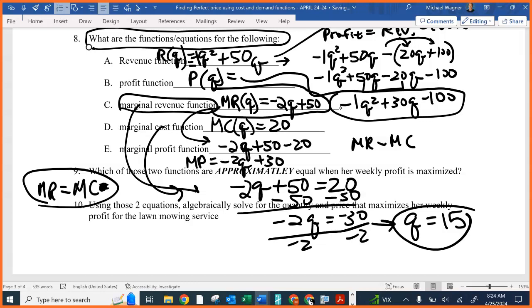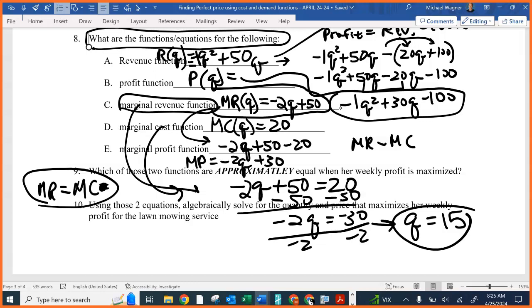Hey, that's what we got when we went through that table, right? Isn't that the quantity we got when we went all the way through the table for the profit maximizing? It is, right? So by figuring out our marginal cost and our marginal revenue, and those are actually really simple. I'll be honest with you, the revenue and the profit function were a little bit more involved, but the marginal revenue and the marginal cost are really easy to come up with.